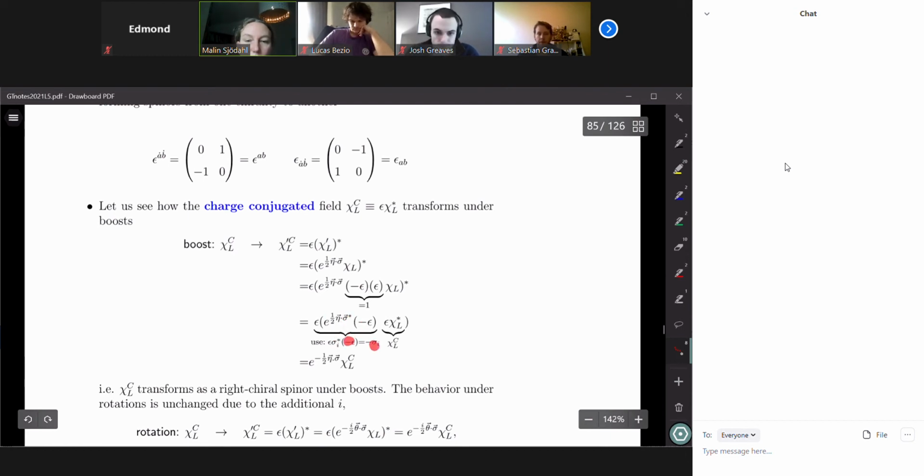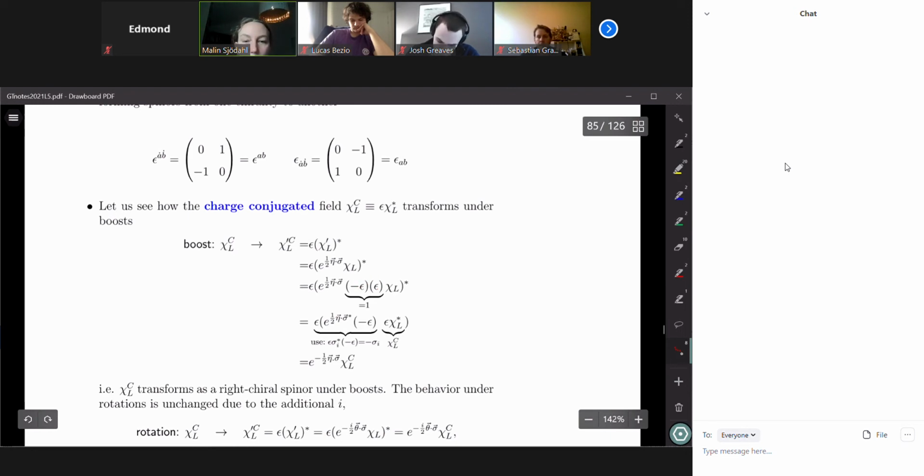So that would give us then minus sigma I. Then we can expand the exponent, and we will have more powers of sigma star, but between them, say we have sigma star times sigma star, we can insert more epsilons, or more ones of the form minus 1 times epsilon.